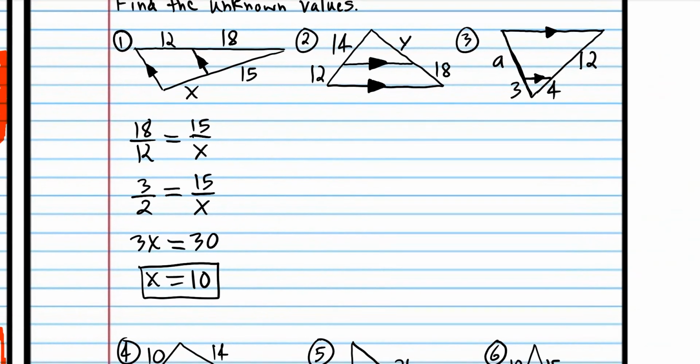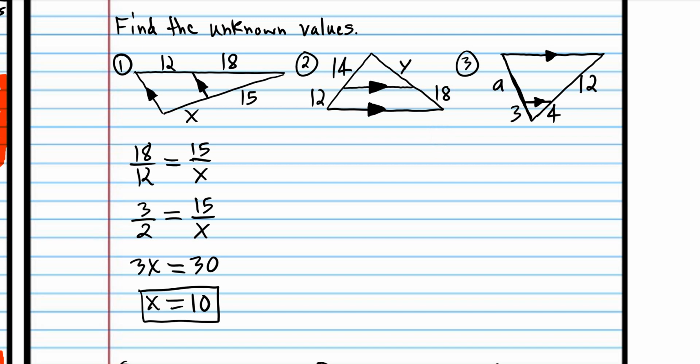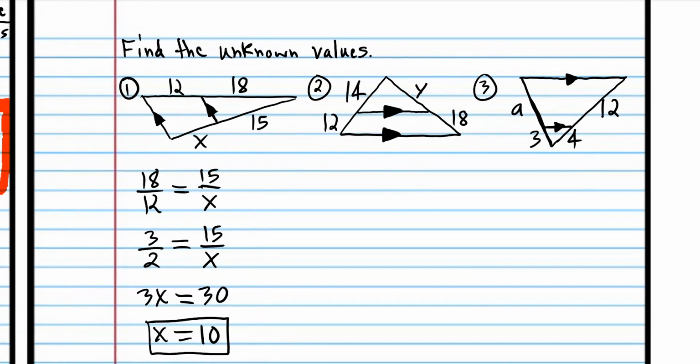So pretty simple. Now in this problem, again, we know that these two segments are parallel. So if they are parallel, that theorem tells us that 14 over 12 must be equal to y over 18, or you can flip them. It doesn't matter as long as you flip both of them.